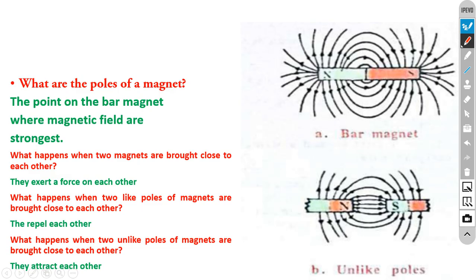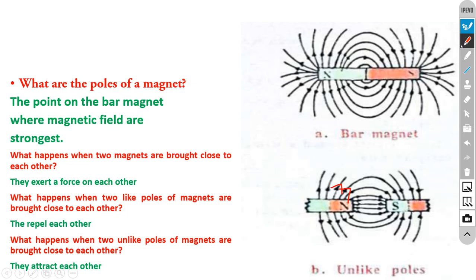It's written here, this is a bar magnet. So here this one says, unlike poles of a magnet attract. This figure here is for unlike poles, and the magnetic force starts from the north pole.